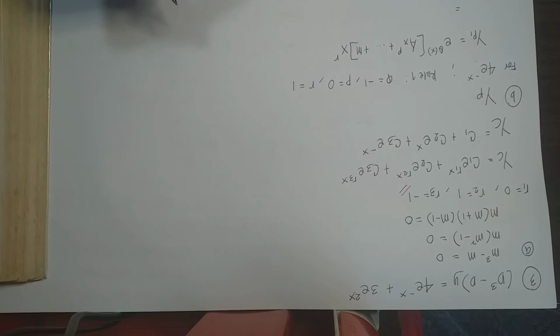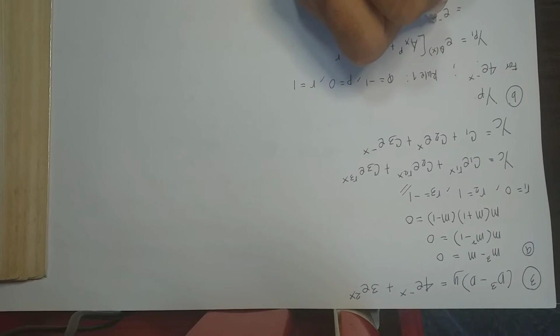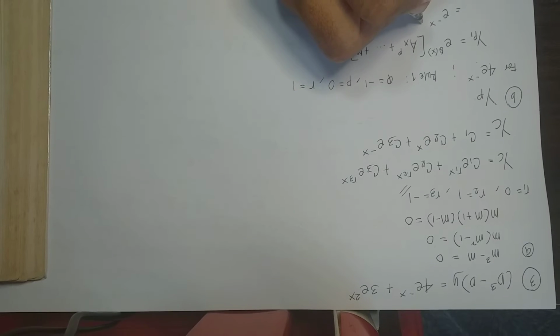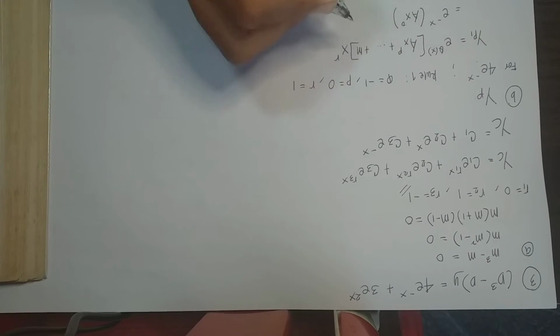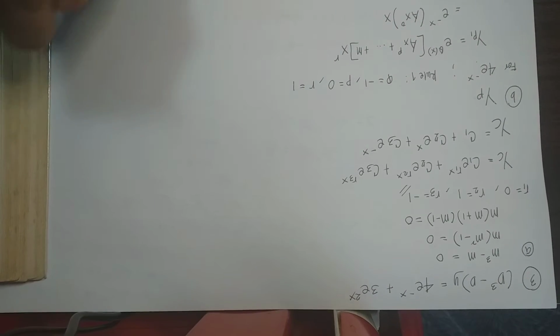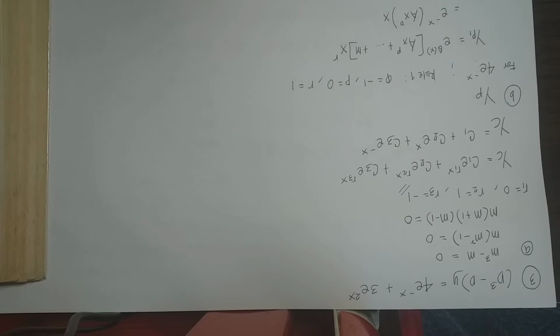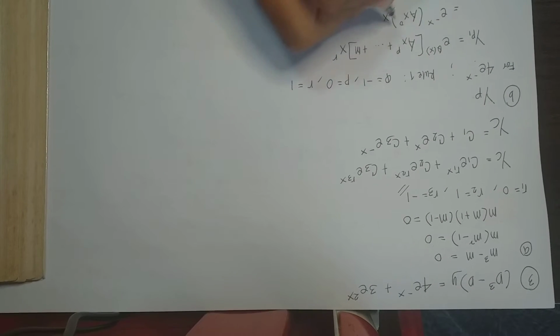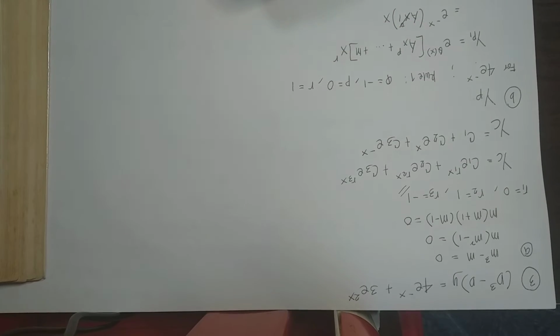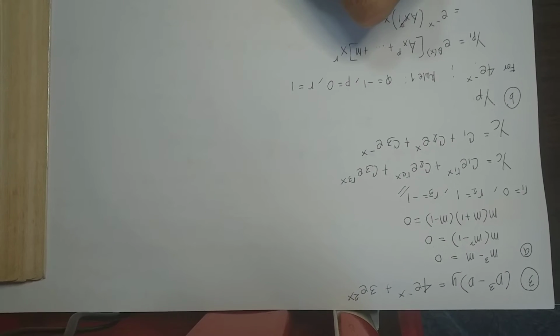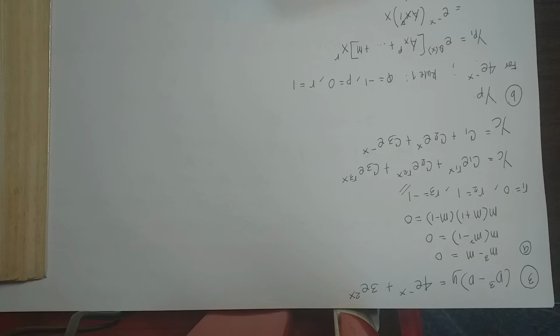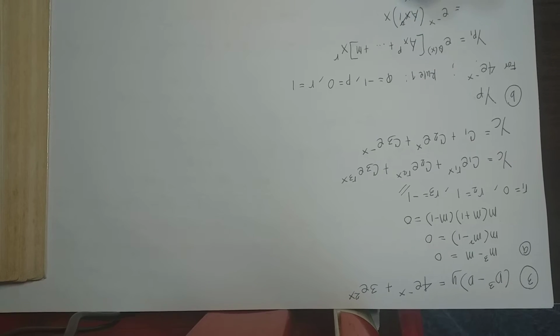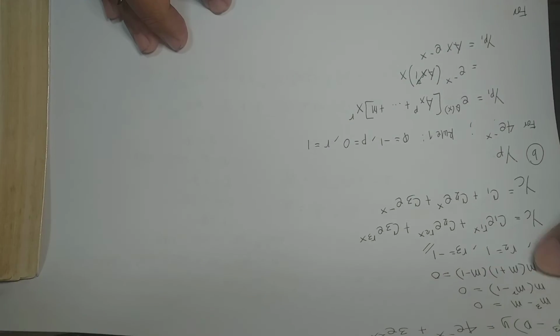So we have e to the negative x times a x raised to 0, x raised to 1, or x lang. Okay? Therefore, x to 0 is 1. Tama? So we have a x e to the negative x. Now, this is yp1.